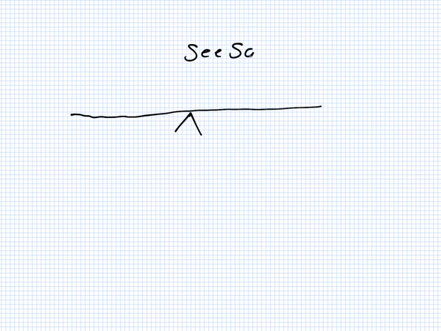Right, 10. You have this, which is called a seesaw. And Johnny is here, and Margie is here. Margie is bigger than Johnny.